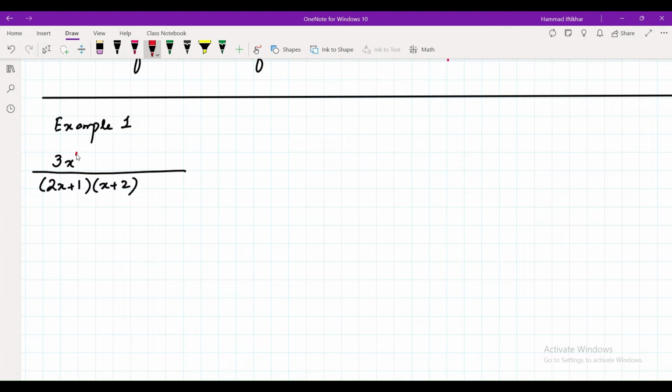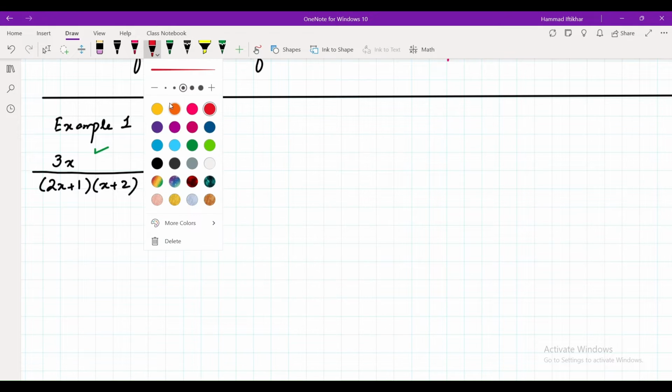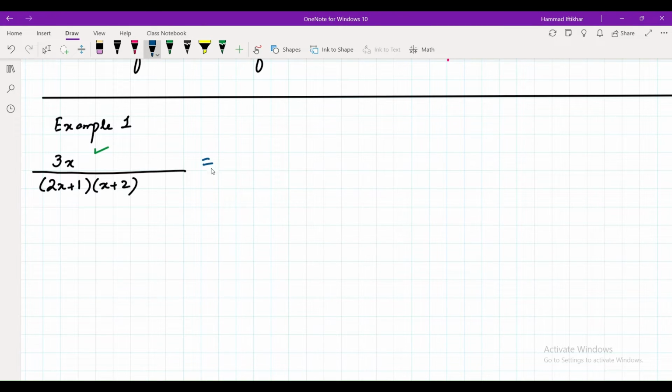Now the order of the numerator polynomial is 1, and 2x times x becomes x squared, so the denominator is order 2. So this is a proper rational form, which is okay for us. So we can decompose it: a constant on the top of one of the factors in the denominator, and a second constant over the second linear factor.